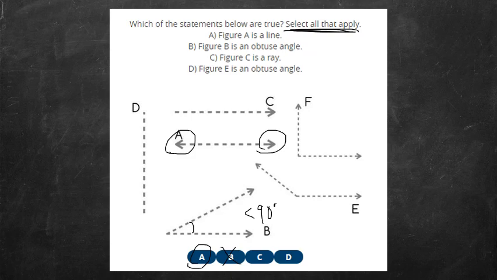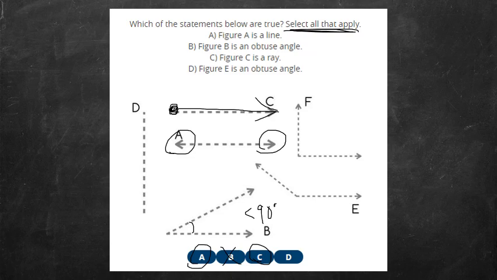Figure C is a ray. Let's look at figure C. I'm going to assume there's an endpoint here because there's no arrow. And then there's an arrow on the other end on figure C. So I know that this goes into that direction without stopping. Figure C is definitely a ray. Last one. Figure E is an obtuse angle.